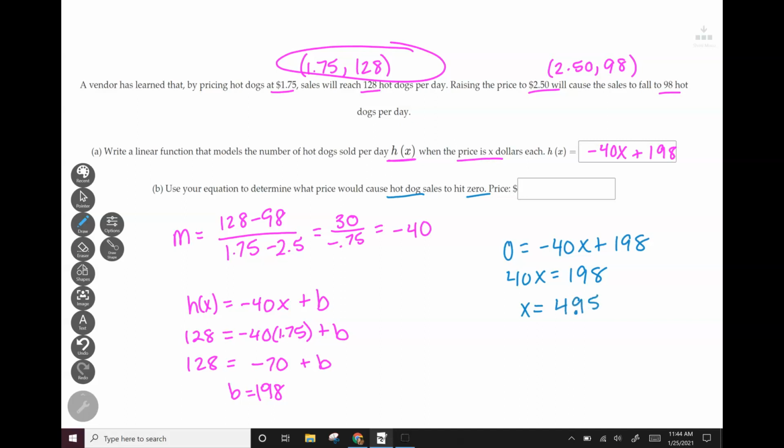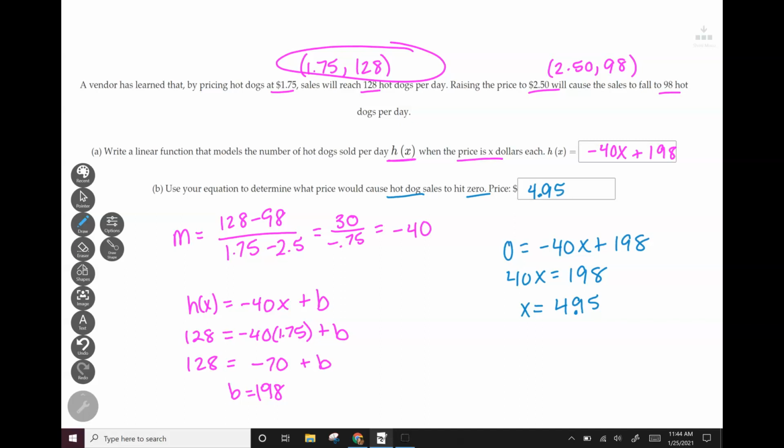4.95. And since x is talking about money, we are not going to be rounding up to $5 like I saw some people do. That would be if we were talking about like people, like you can't have part of a human being and then be considered alive. I don't know. So when it comes to population and things that have to be exact, you want to round, but when it comes to money, of course, we can have $4.95.